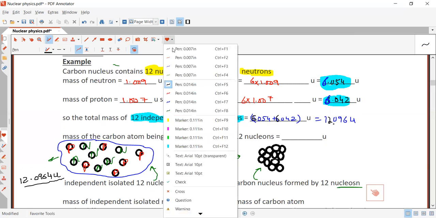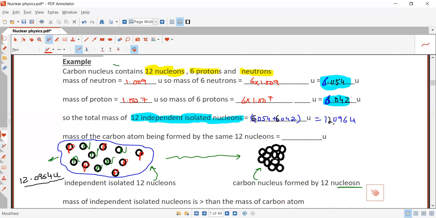And when we take the carbon atom and weigh it, its mass is 12 U exactly. So that's the difference. So when these nucleons combine together to form this nucleus, why is the mass decreasing from 12.0964 U to 12 U?